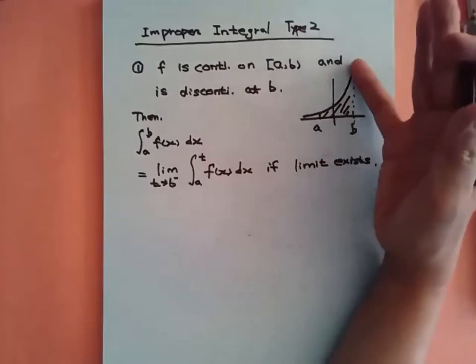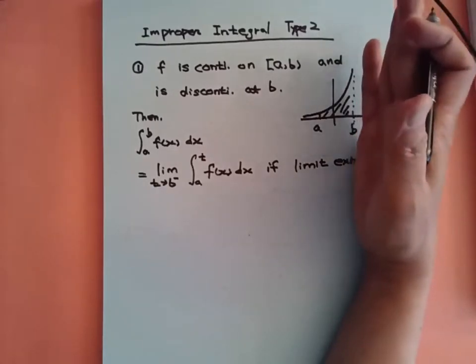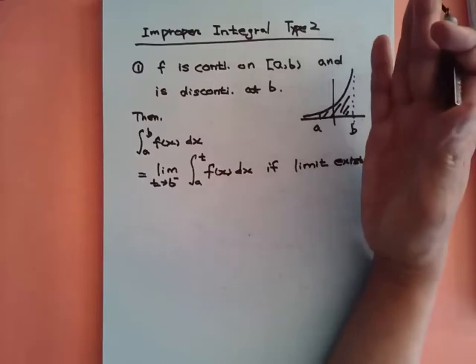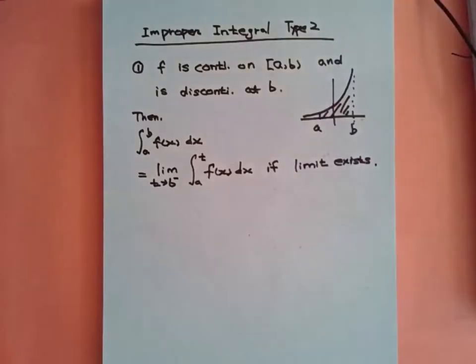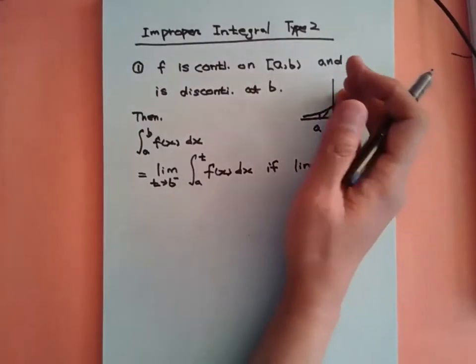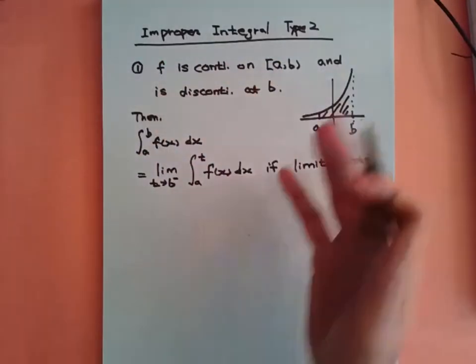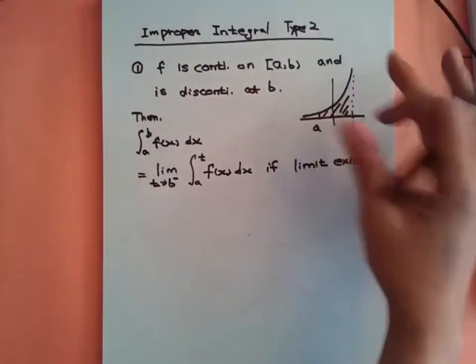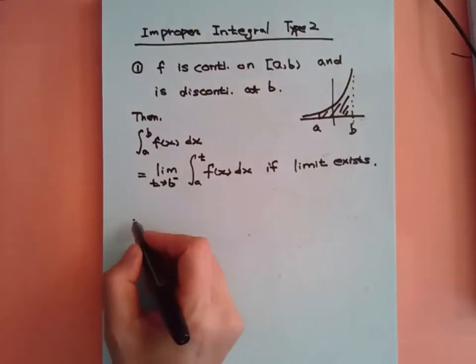This curve approaches this vertical asymptote, but it is discontinuous because it is undefined at b. So we are not thinking about from here to the left all the way down. Instead, we are thinking about the point where the function is discontinuous.